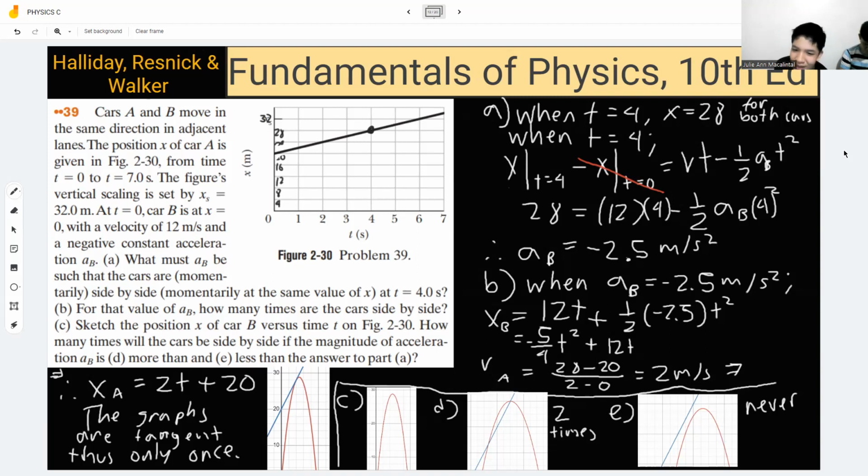Sabi ko, when the acceleration is that value, negative 2.5, then the graphs, you can get the equations of both the positions of B and positions of A. Since those graphs are tangent, then they only meet once. Move in the same direction in... Hindi ko naiintindihan yung reasoning.